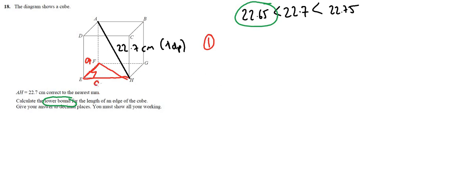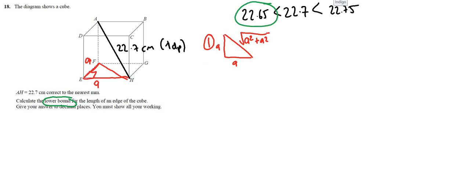If this side is A, that side is A. Now I want this length, because that's going to form the base of the vertical triangle. That side is the square root of A squared plus A squared, from A squared plus B squared is C squared.